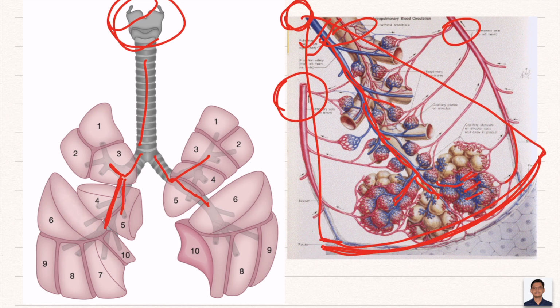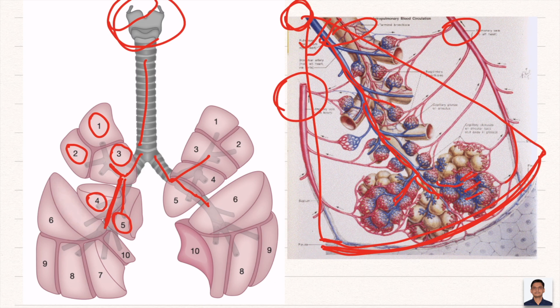The right lung has 10 bronchopulmonary segments. In the upper lobe, there are three: the apical or S1, the posterior or S2, and the anterior or S3. The middle lobe has two segments, the lateral S4 and the medial S5.